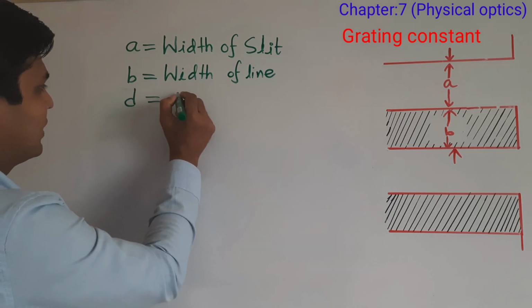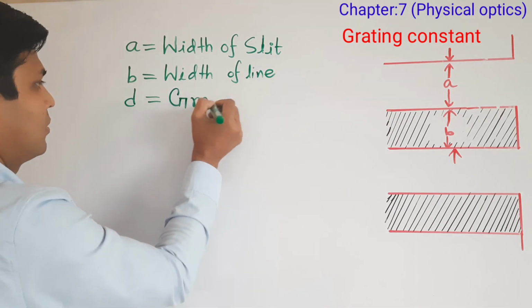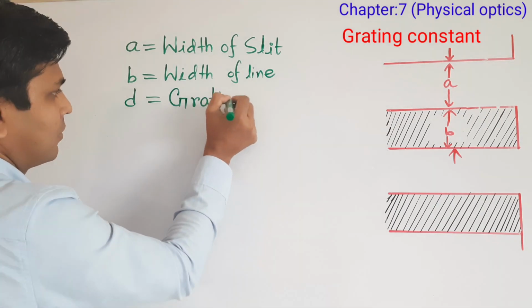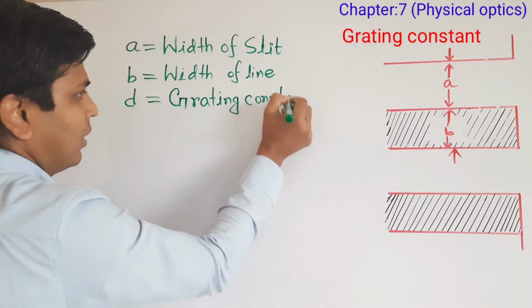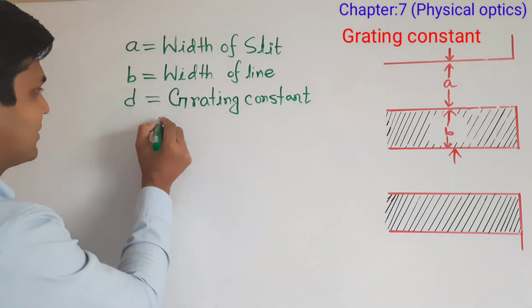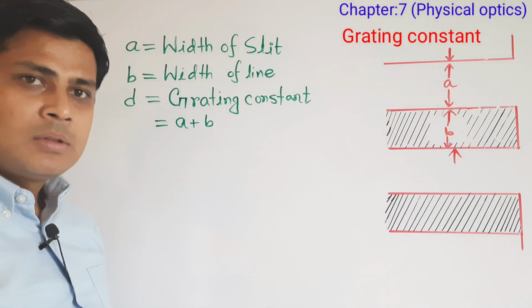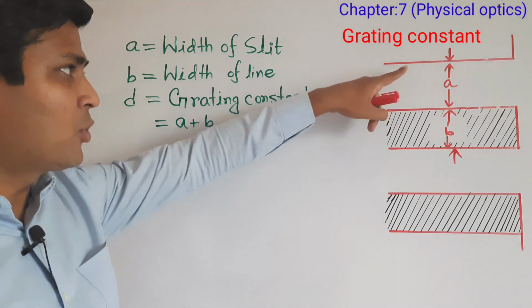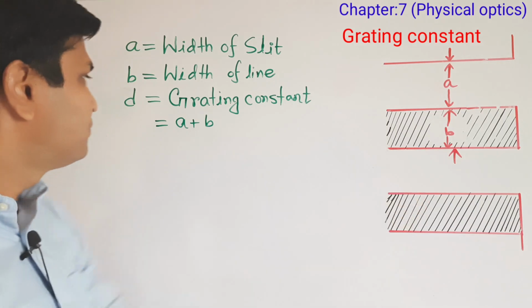So we can write d equals the grating constant, and we can write the grating constant as A plus B. That is the distance from the starting point of the first slit to the starting point of the next slit.